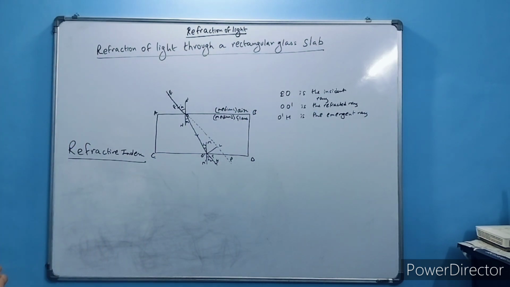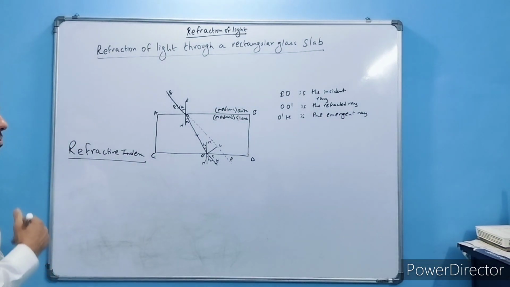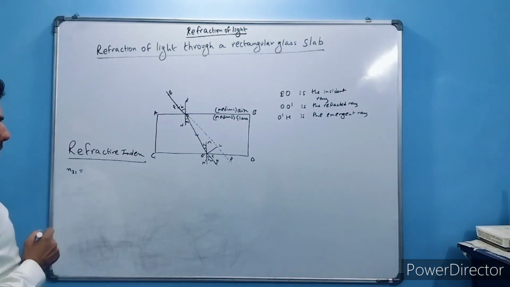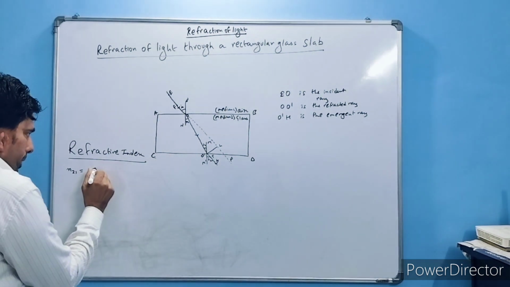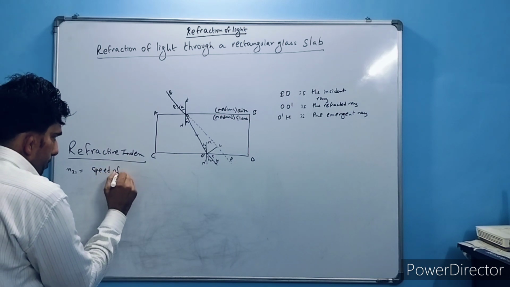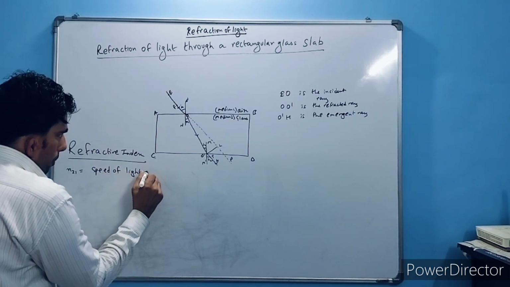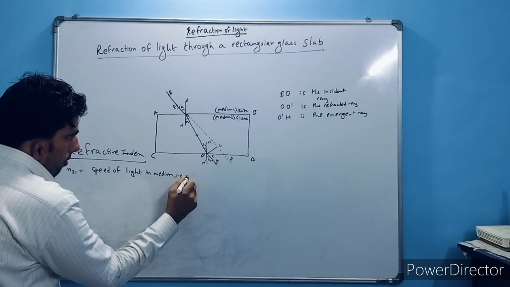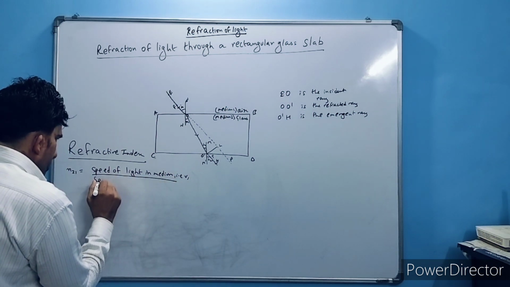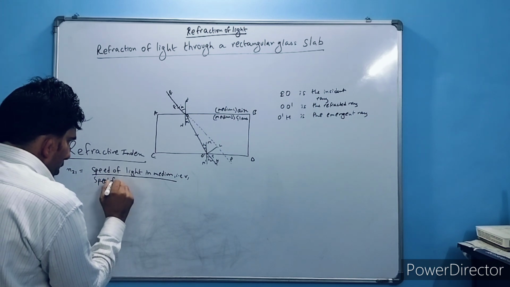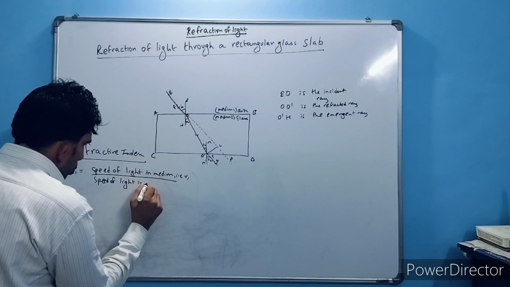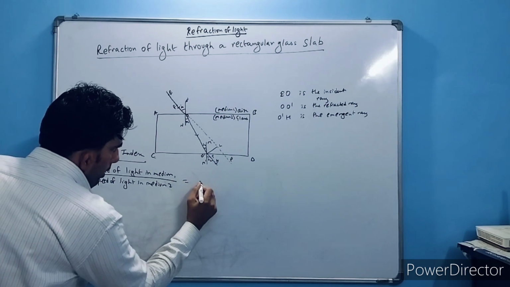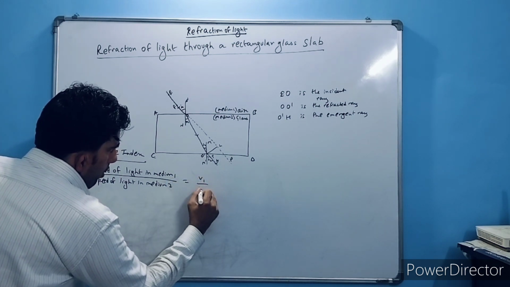So now, when I have decided to find out the refractive index of the second medium with respect to the first, the formula will be the speed of light in medium 1, that is v1, upon the speed of light in medium 2, that is v2.